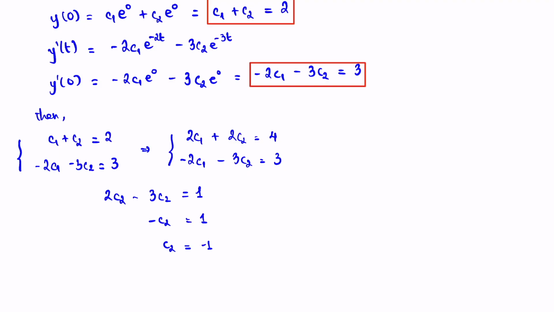Then you back substitute this into one of the original equations. So I'm going to plug c2 equal to negative 1 into the first equation. So from here, you get c1 minus 1 equal to 2, or c1 is equal to 3. So you know the value of c1 and the value of c2, and you can write down the particular solution to the differential equation.